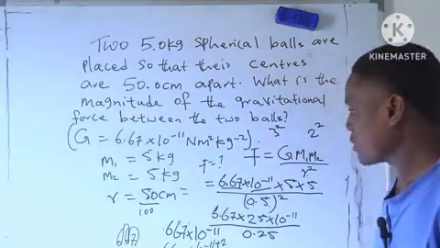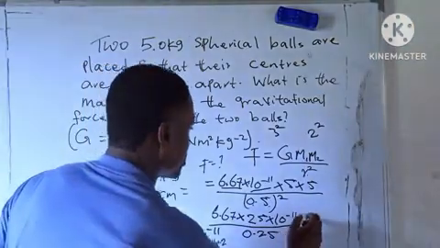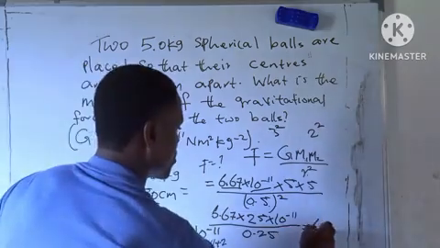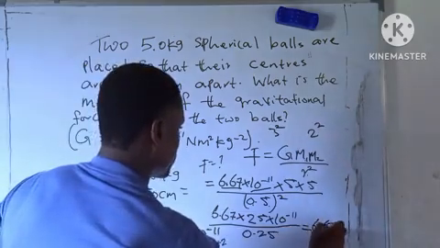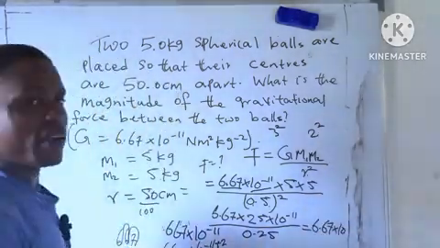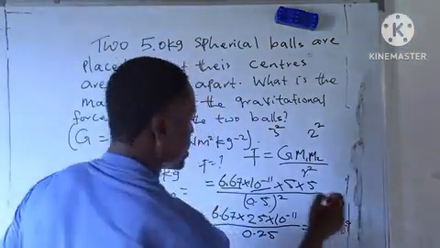So the last answer will now be 6.67 times 10 raised to minus 11 plus 2, which gives us minus 9.